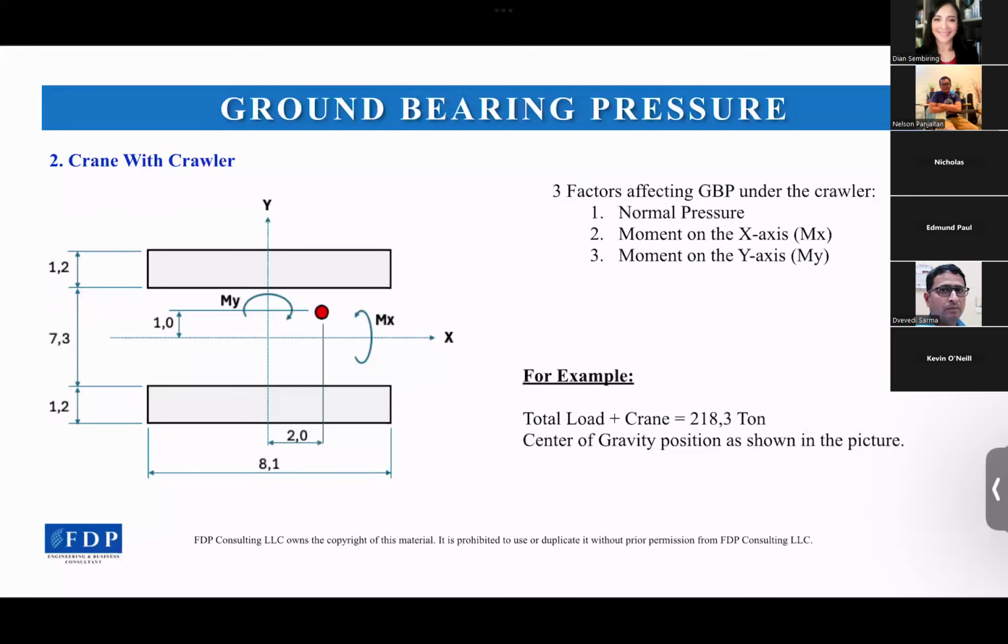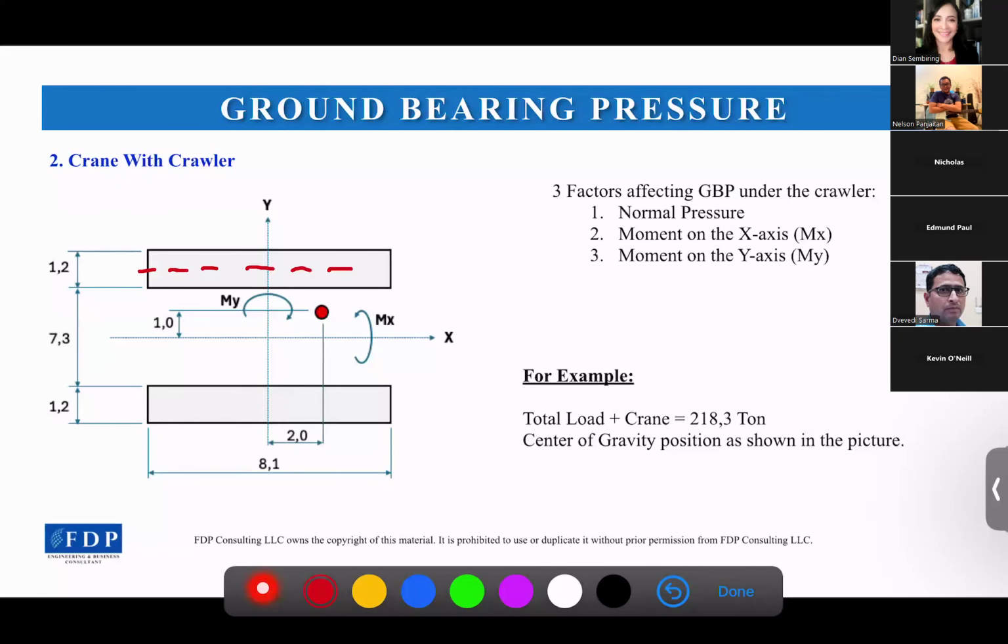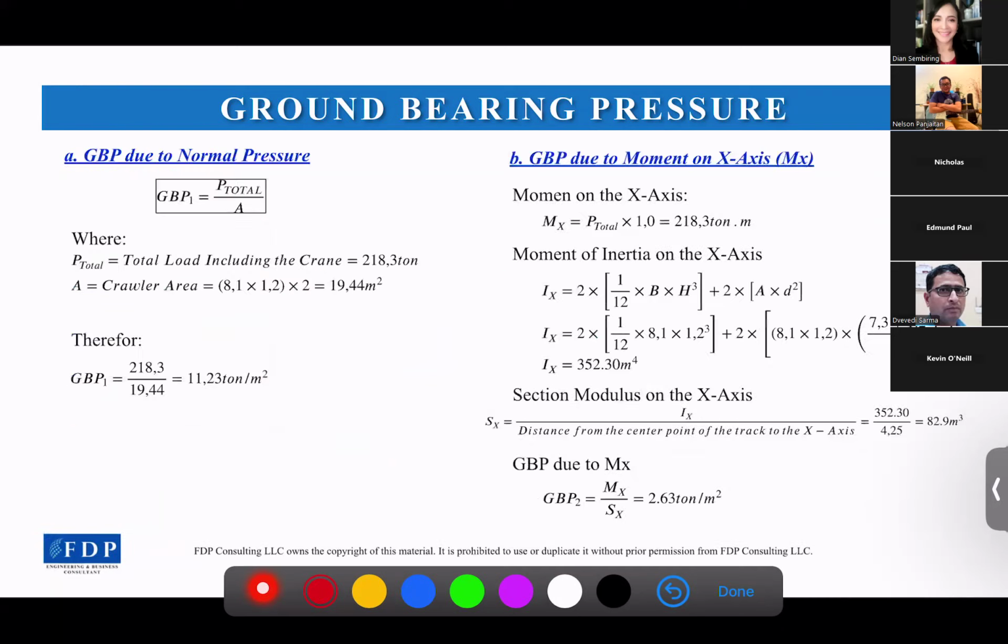So if it's the center of the tracks, then the distance that we use to calculate the section modulus will be this. In this case, we get the moment of inertia is 352.3 meters to the fourth.